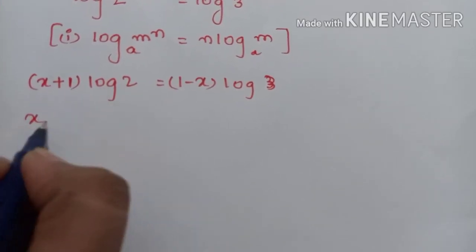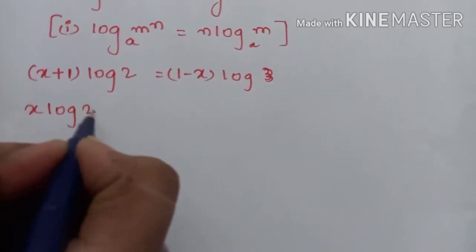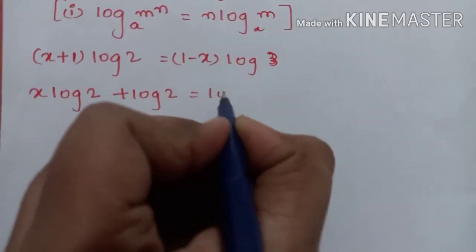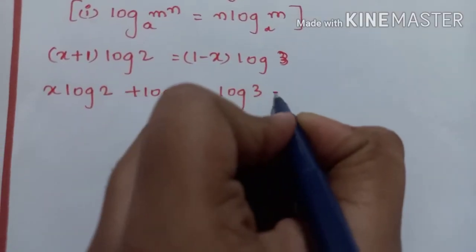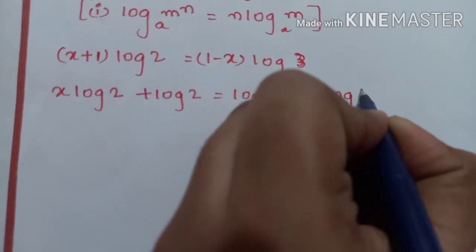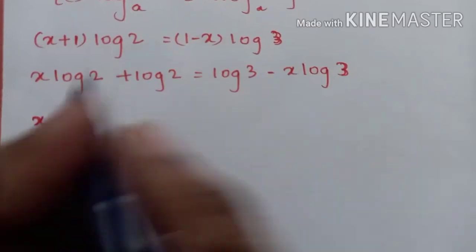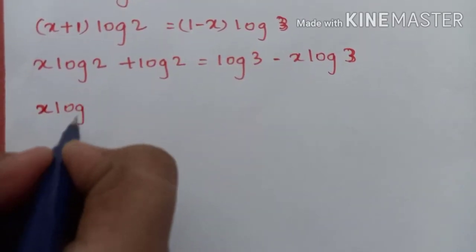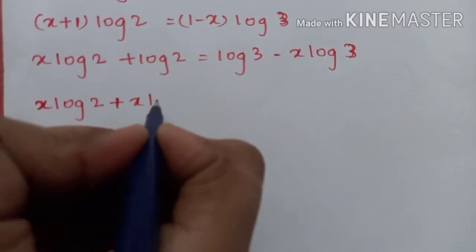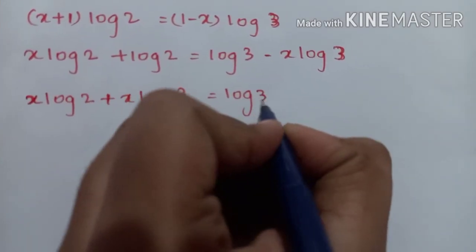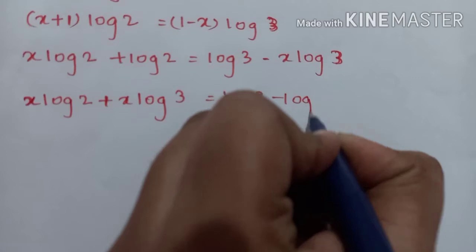So here we can write it as x log 2 plus log 2 equals log 3 minus x log 3. Taking all the x terms to one side, x log 2 plus x log 3 equals log 3 minus log 2.